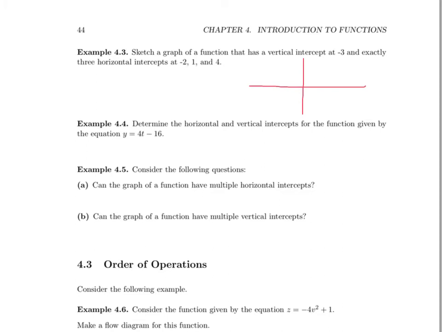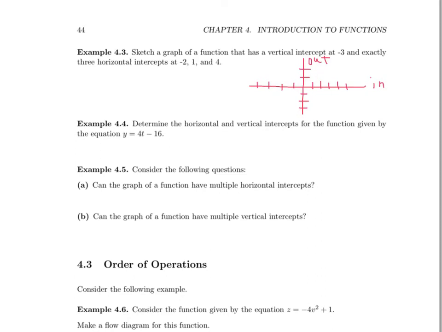Now this is the graph of a function, which means that the horizontal axis represents the input values of this function, and the vertical axis represents the output values of this function. I'm also going to draw in a few tick marks. That should be enough.